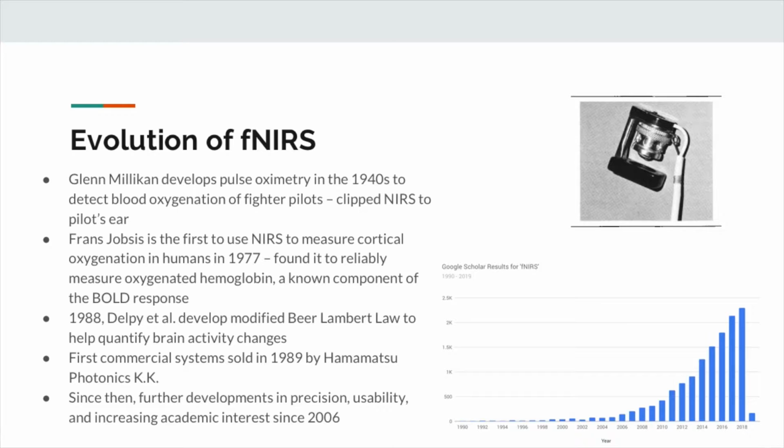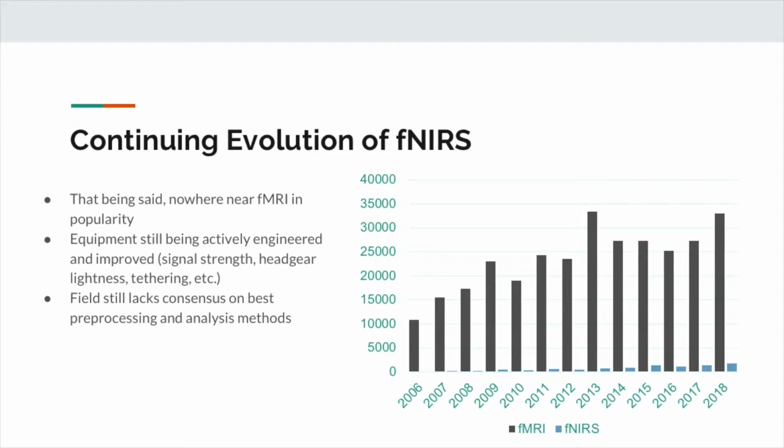In 1988, there were some algorithmic achievements that helped us measure and quantify brain activity changes, and from there the first commercial system was developed. Since then, you can see on the graph that probably from the mid-2000s it's really taken off in terms of popularity, at least in the academic realm. That being said, it's nowhere near fMRI, because fNIRS is the little blue bars at the bottom and MRI is the black ones.